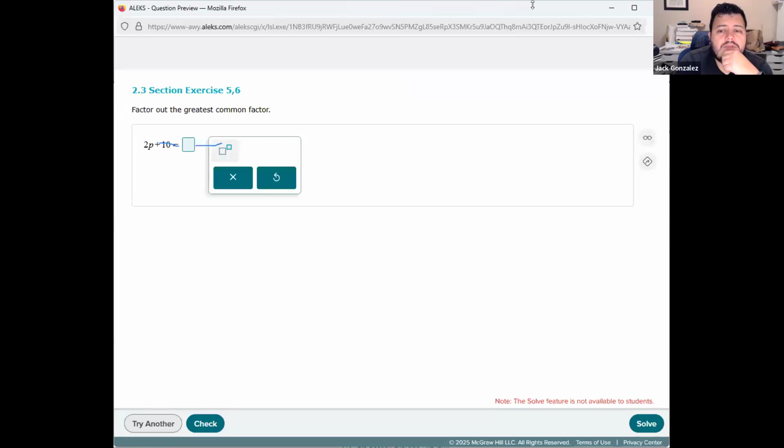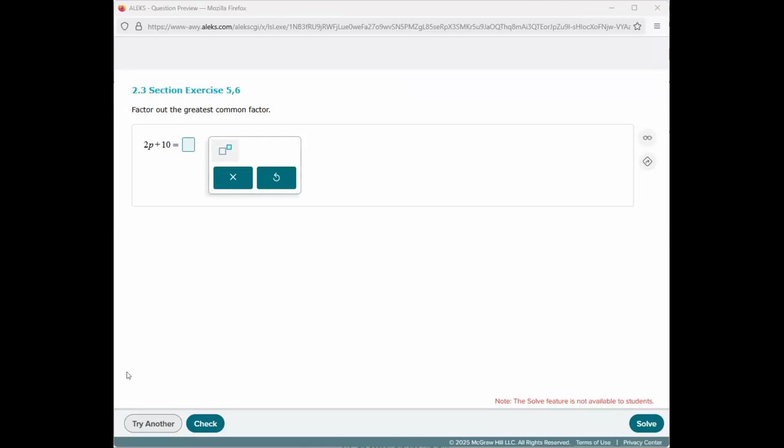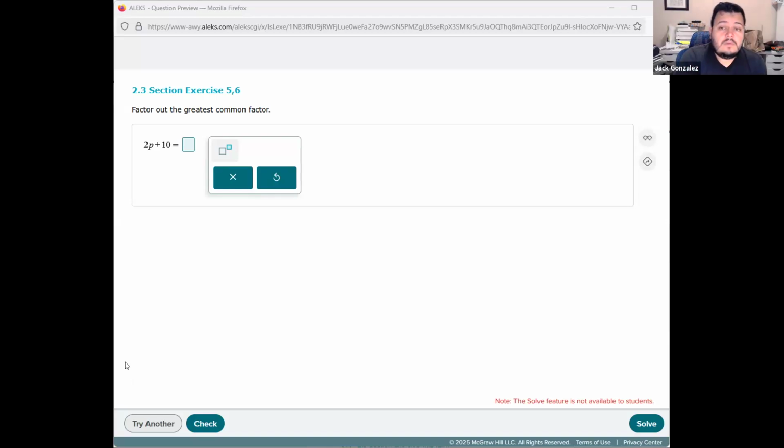All right, so this is when they're no longer just asking for the GCF. They want you to actually pull it out. By looking at 2p and 10, look at these two separately. What do they have in common?